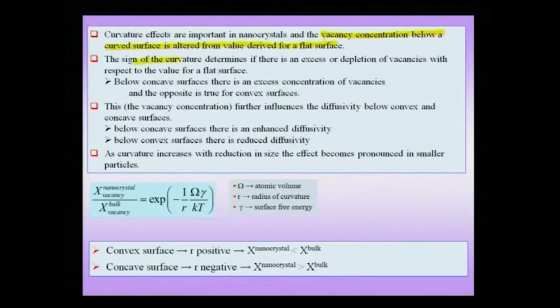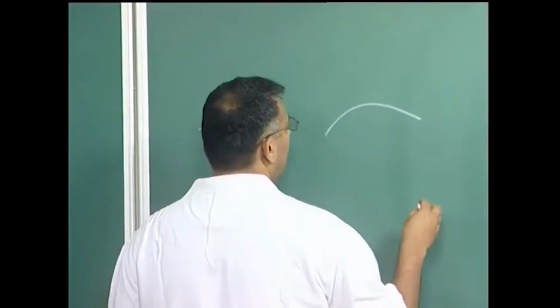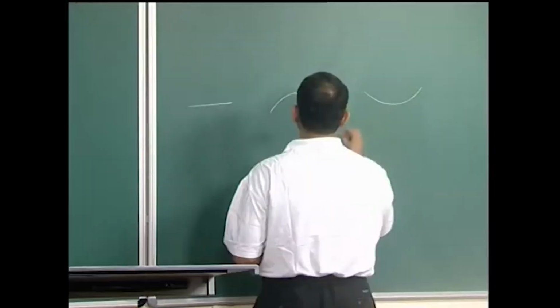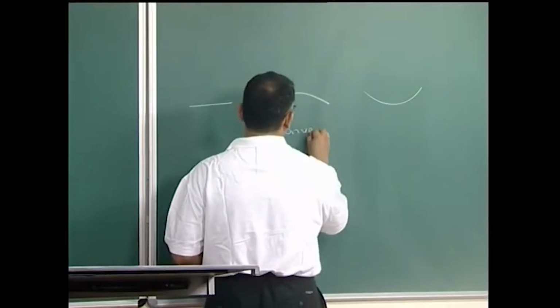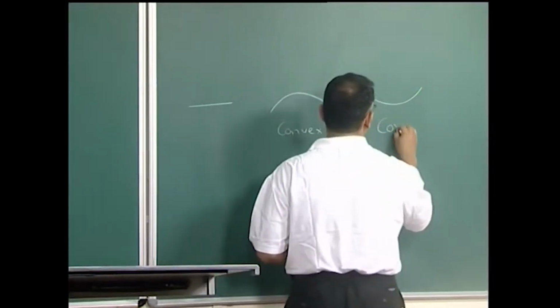The sign of curvature determines if there is an excess or depletion of vacancies with respect to the value for a flat surface. So now I have three kinds of surfaces which I can talk about: a flat surface, a positively curved surface, and a negatively curved surface. This I can call a convex surface, and this is a concave surface.